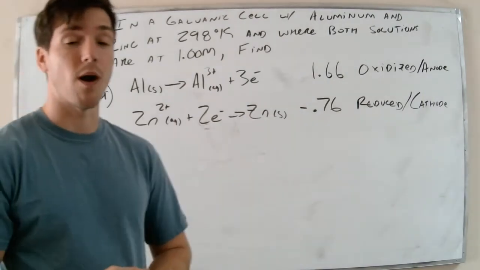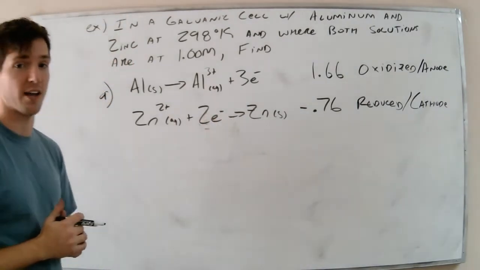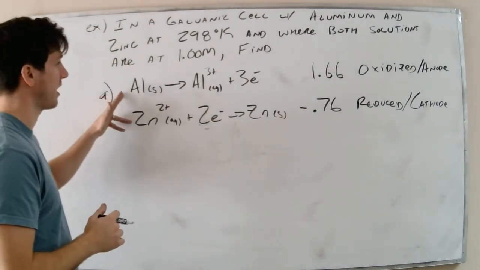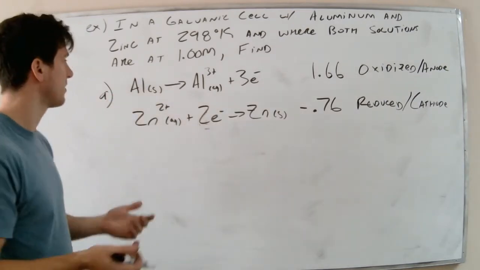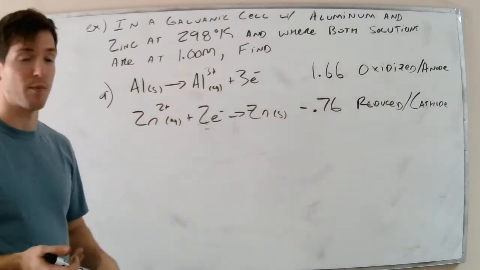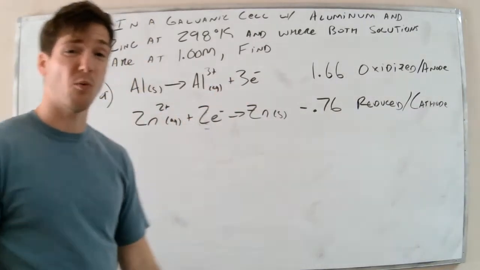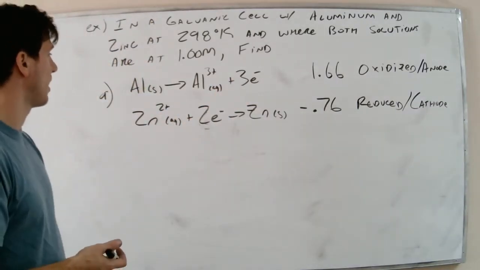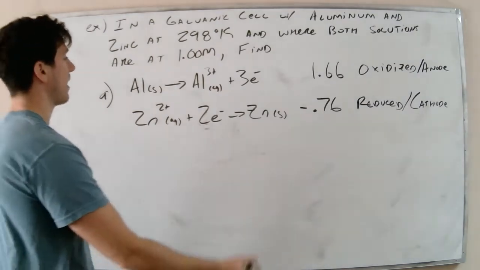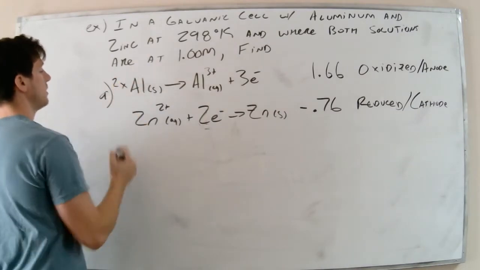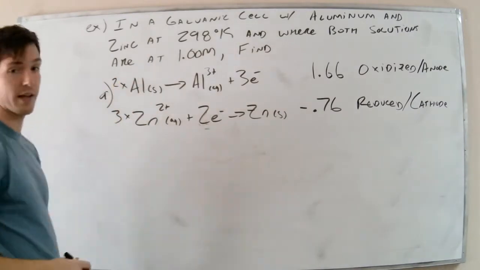For B, it wants the overall reaction, right? So we just combine these. But remember, I can't combine them until the electrons are the same. We have a 2 and a 3 here. I don't want those to be 2 and 3; I want them to be the same number. To do that, I would have to times my aluminum by 2 and my zinc by 3.